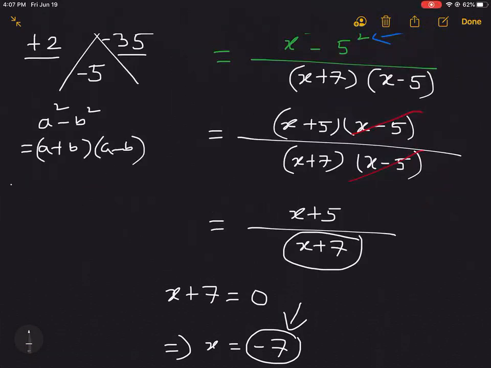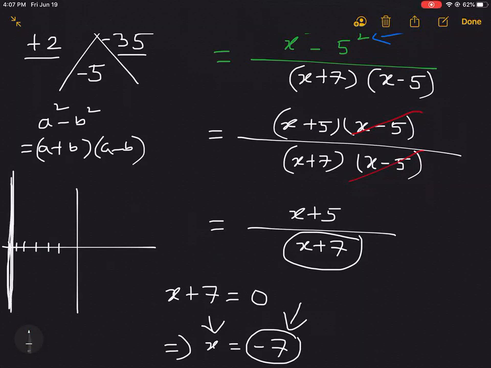The entire thing is the result, not just -7, because only -7 doesn't really make sense, since you need to show for which value it's an asymptote. So -7 means it's somewhere here: 1, 2, 3, 4, 5, 6, 7. That means it's actually here. It will be at -7, a vertical line like this.